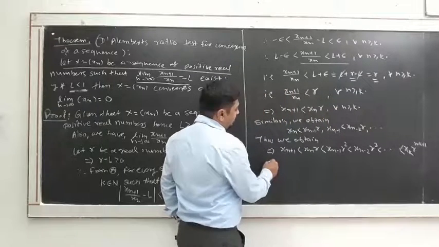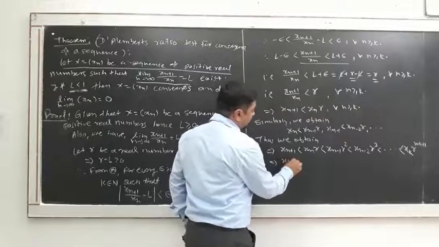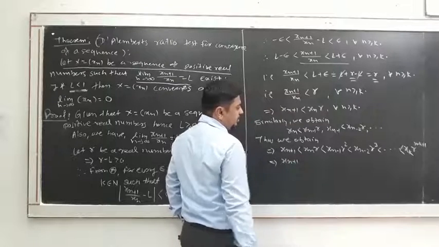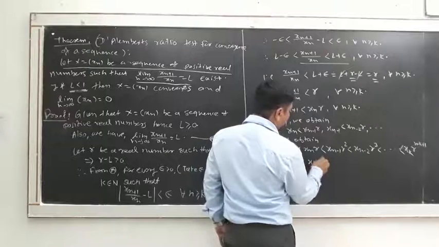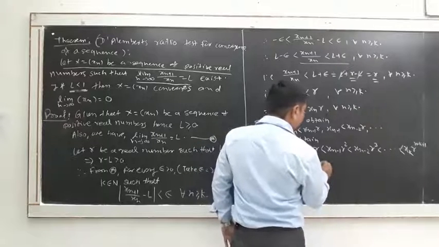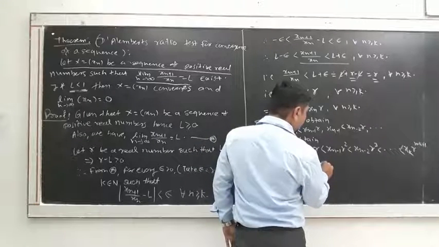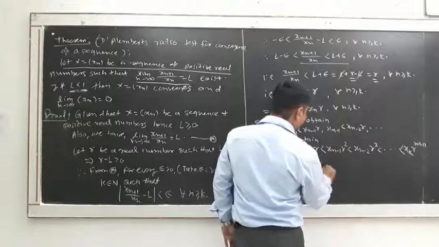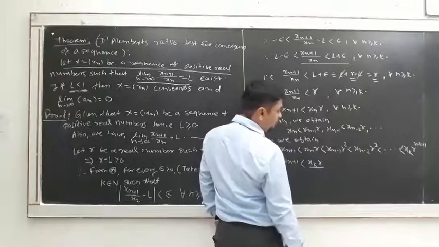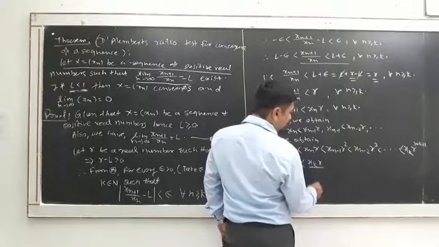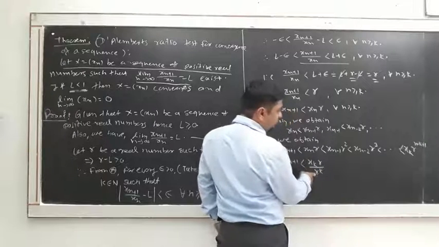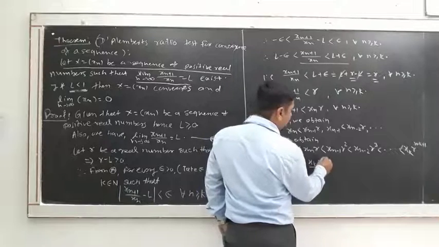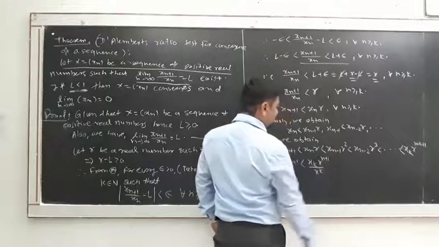Okay, and this implies that x_{n+1} is strictly less than x_k r^{n+1} upon r^k. Here r raised to k is in the denominator, so this should be n plus 1.